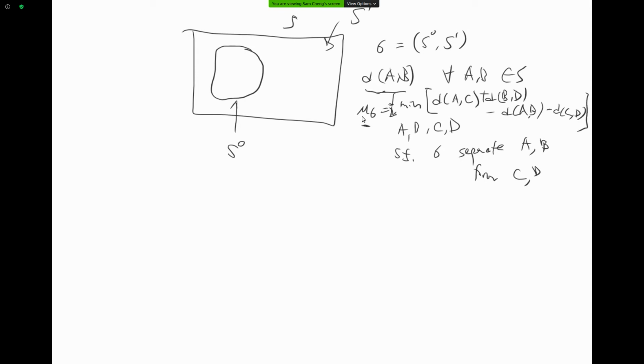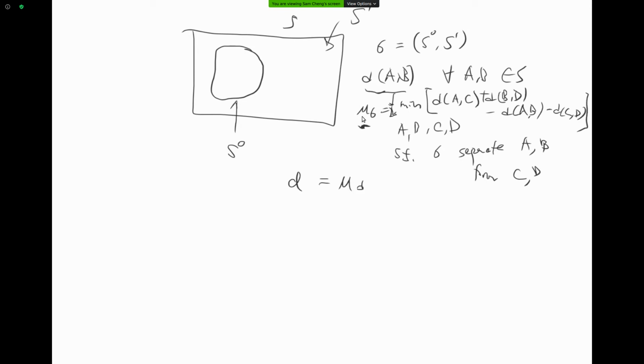What's interesting is that for this mu sigma, it turns out that D will be related to mu, and eventually D will be exactly equal to this.